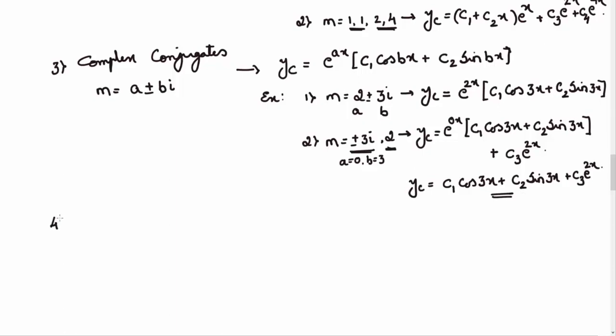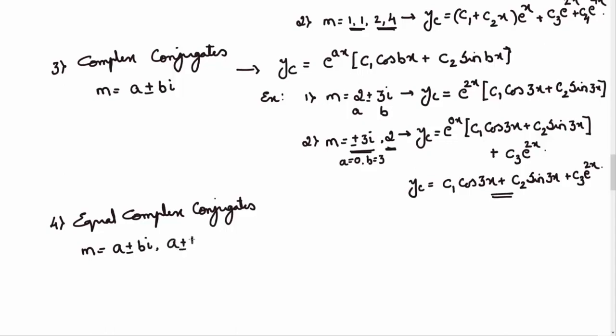The fourth type. So the fourth type is if the roots are equal complex conjugates. Okay. So that means m equals a plus or minus bi, and again it is repeated, a plus or minus bi.